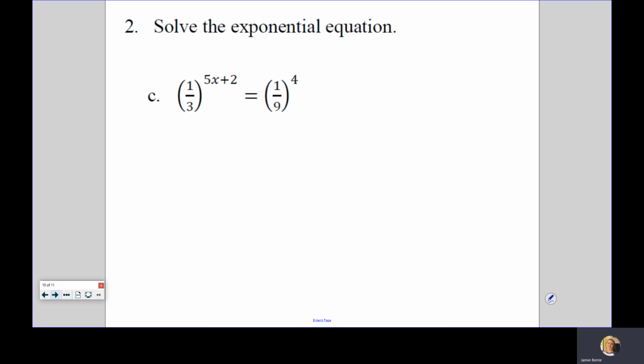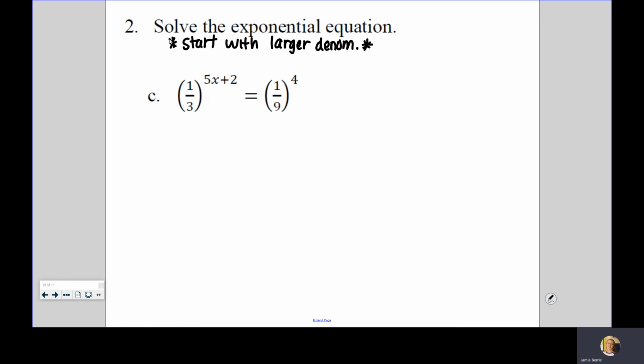So when you have bases that are fractions, start with the side that has the larger denominator.